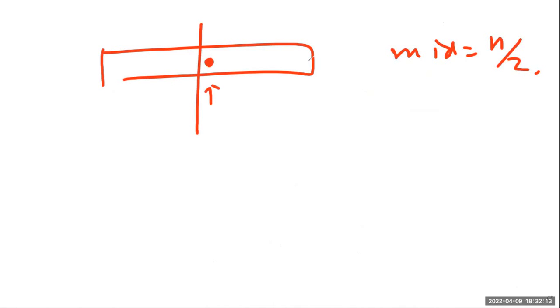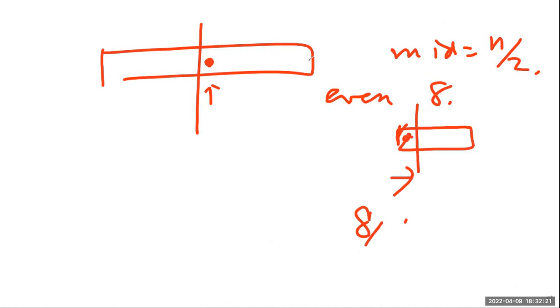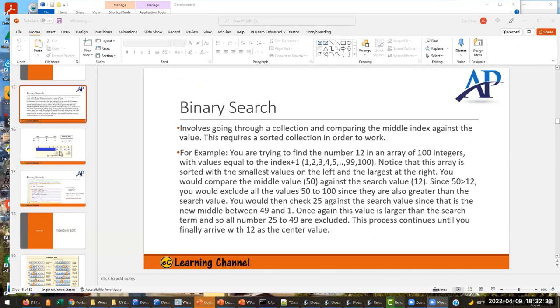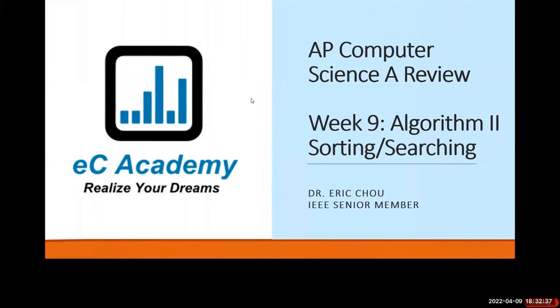If it's an even number, say 8 of them, then you'll be in the middle, but to the right hand side because 8 divided by 2. So the middle is 1, 2, 3, and 4 is over here. That's the way you decide your middle value and find the next one.